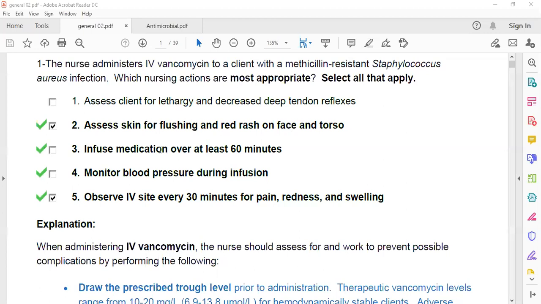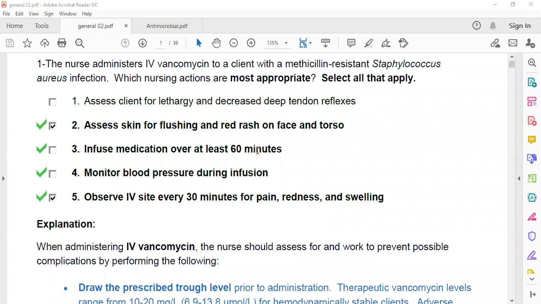Number 3: infuse the medication over at least 60 minutes. Any serious medication like vancomycin, I call it serious because it can produce a lot of side effects or adverse effects. So when you give a medication like vancomycin or injection potassium, we give it very slowly.